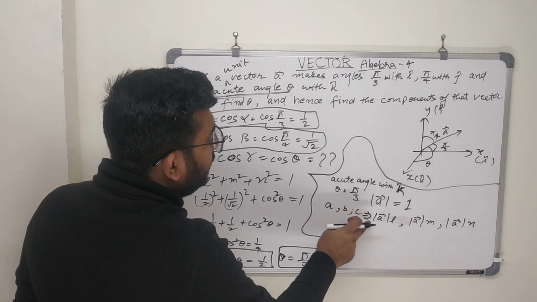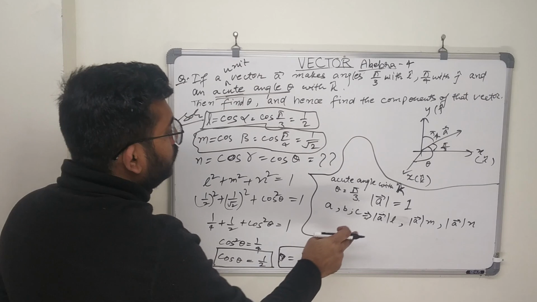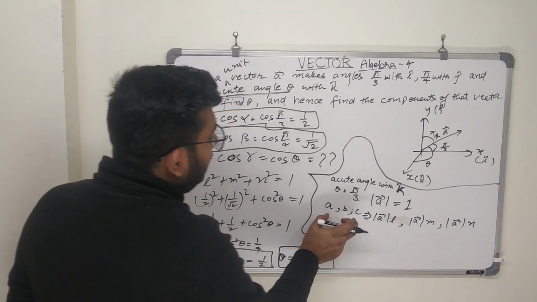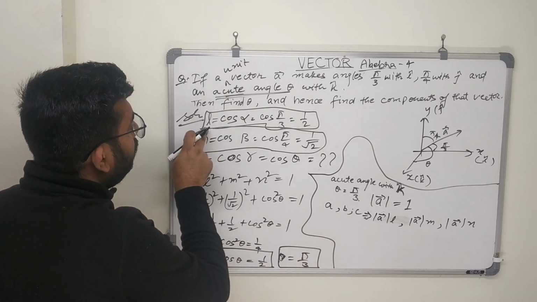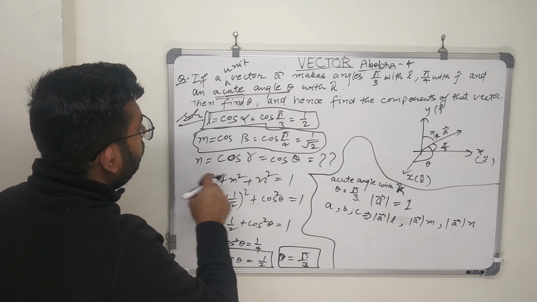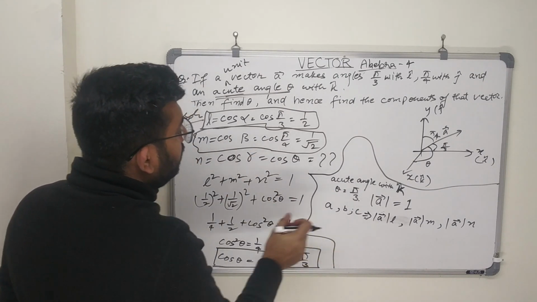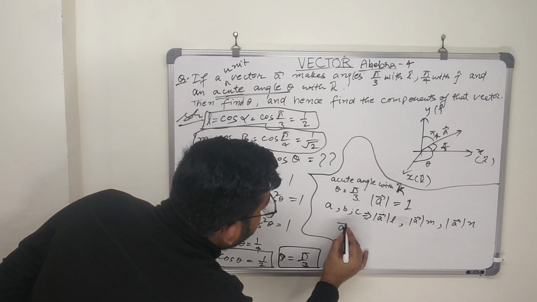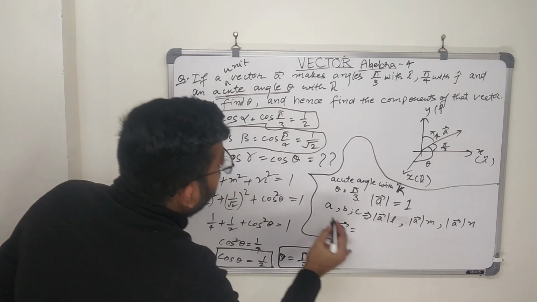Because the magnitude of A vector is 1, the direction ratios a, b and c will be equal to l, m and n.